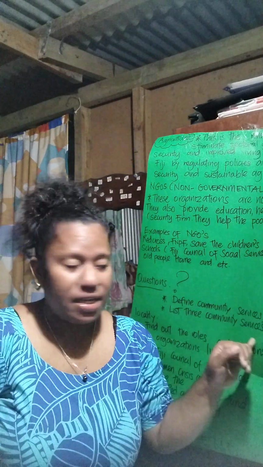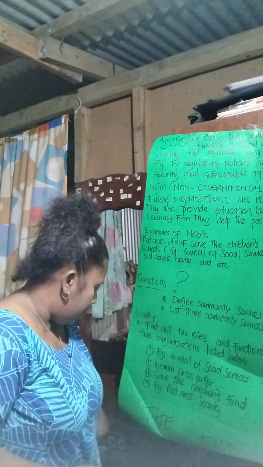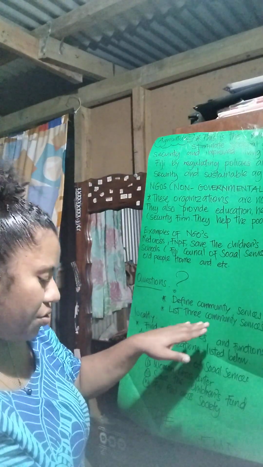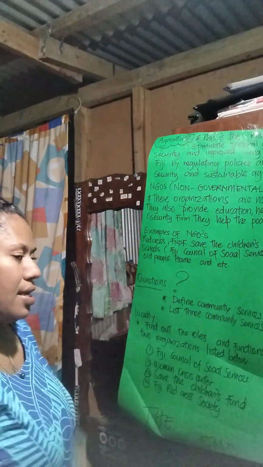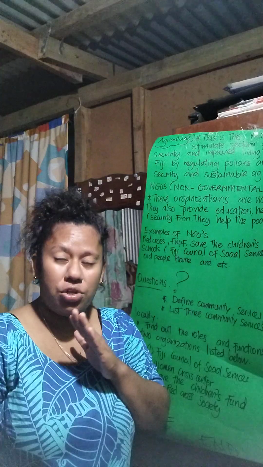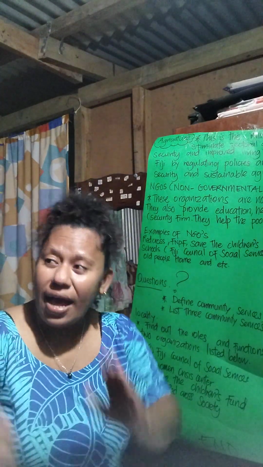Define community services. That's the first question. And then list 3 community services that are in your locality. So you just focus on your community, and list 3 community services that are available in your community.